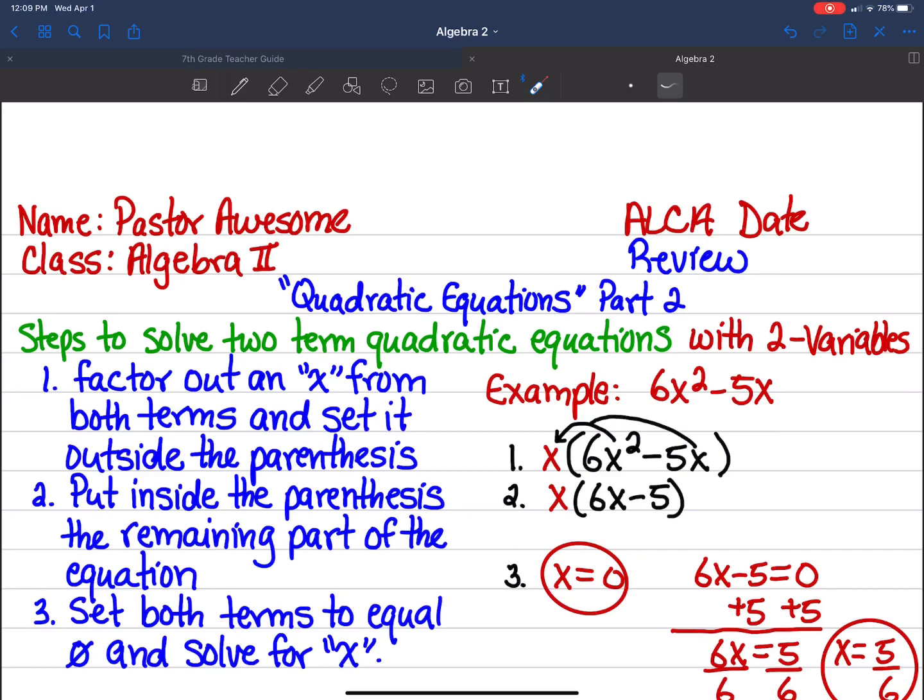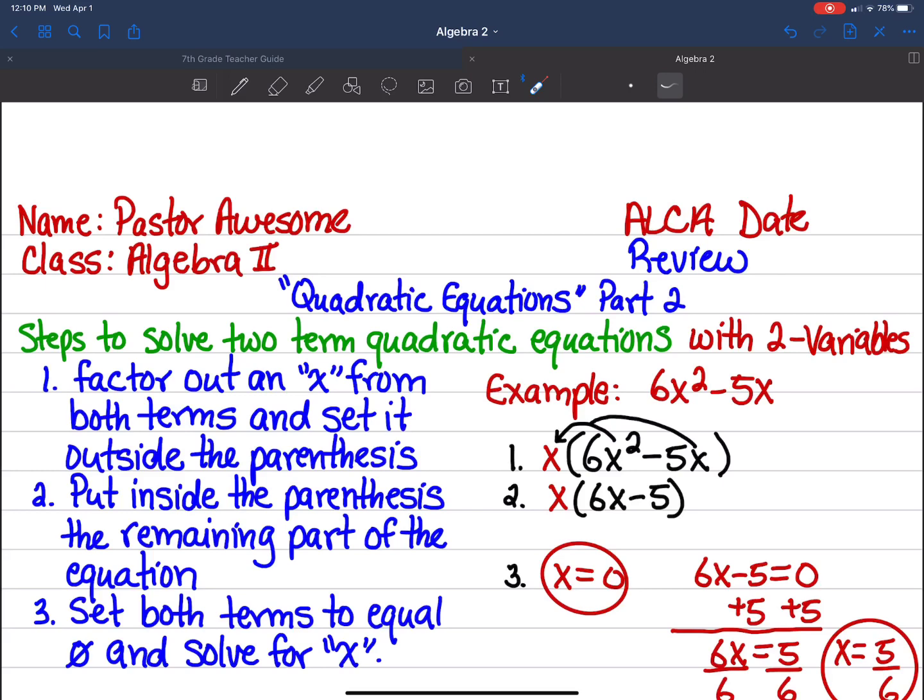In step number one, we factor out an x from this term and this term. We bring the x out here and an x out here. That's step number one: factoring out an x from both terms and setting it outside of the parentheses.